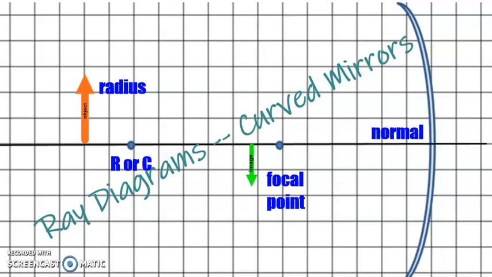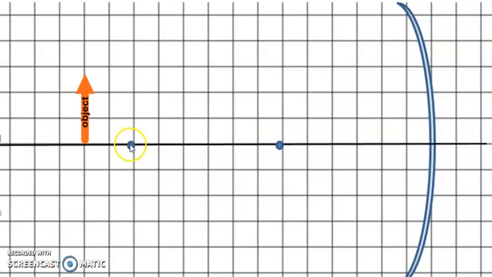In our first diagram, we're going to put the object outside of C, not inside of C or the radius R. I tend to always call this C, but it's still the radius of it. Anyways, our object is going to be placed outside of C, and you'll notice that it doesn't matter how tall it is.